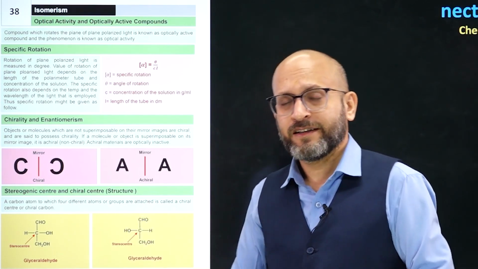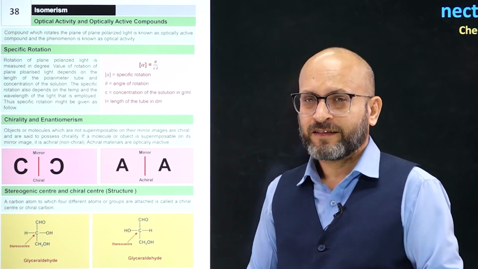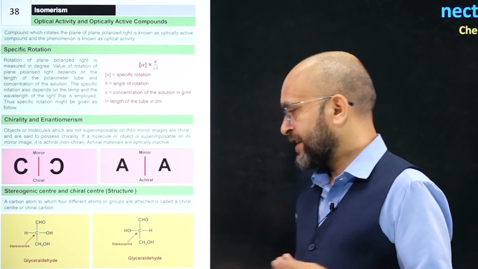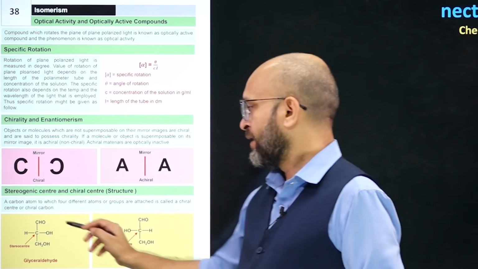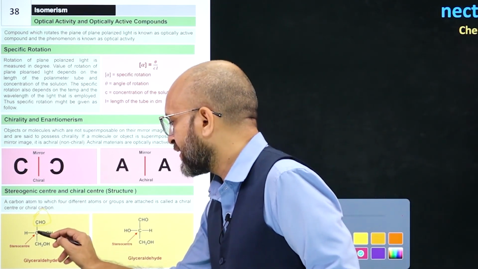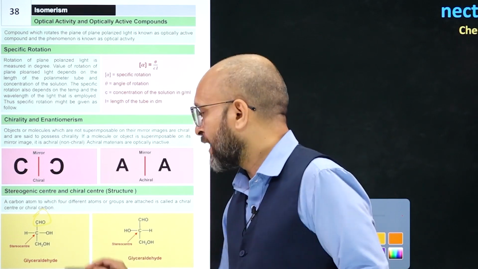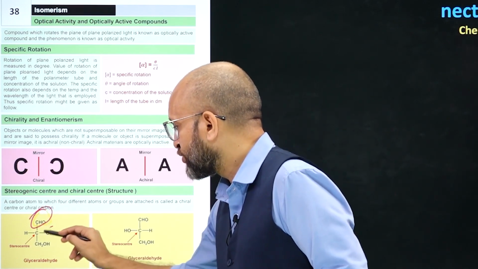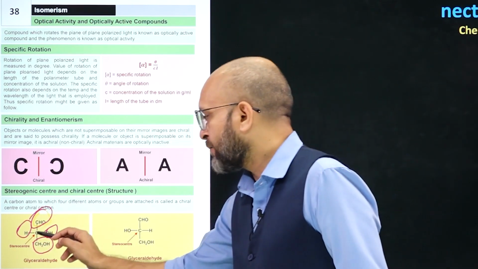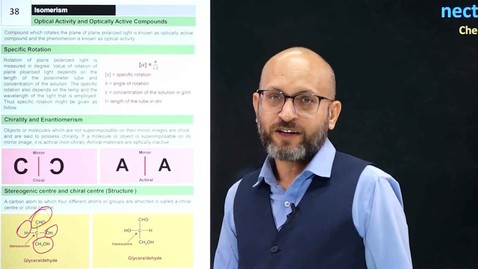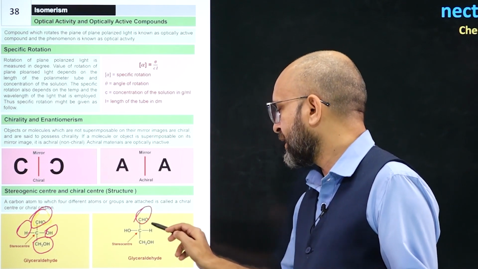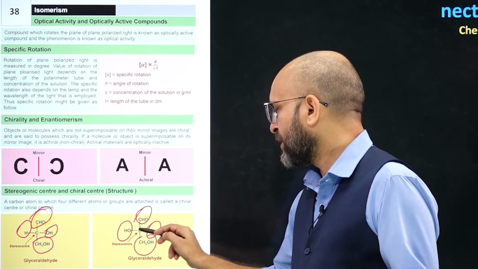Next we have chiral carbon. A chiral carbon is a carbon which is connected to four different groups. In this example, the carbon at the center is a stereo center or chiral carbon. It is connected to four different groups: CHO, OH, CH2OH and H. Similarly, here four different groups are connected, so this is again a chiral carbon at the center.